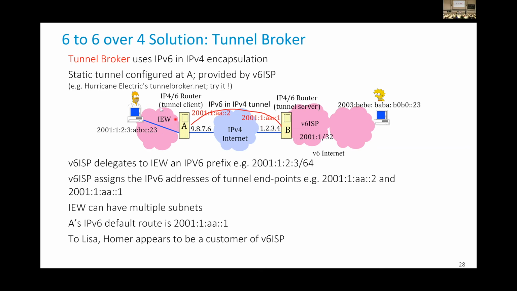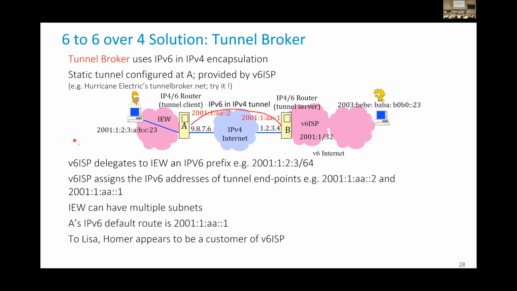You will need to configure into your IPv6 configuration what is the IPv4 address of the endpoint. Your own IPv4 address doesn't need to be configured, but this one you will need to configure. And also what is the IPv6 address of the endpoint of the tunnel here, and also what is the IPv6 prefix that Hurricane Electric gives to you.